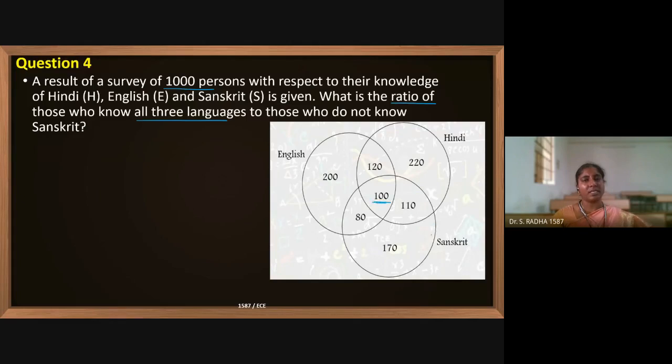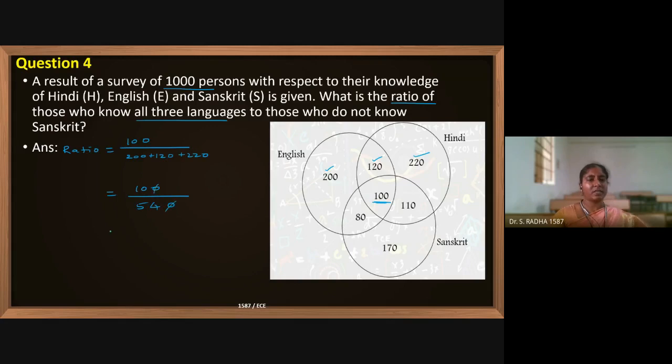Without the circle of Sanskrit, we are having this 200, 120, 220. This is about people who don't know Sanskrit. Now the ratio we want here: all the 3 languages known is 100, and people who don't know Sanskrit is 200 plus 120 plus 220. 420 plus 120 becomes 540.